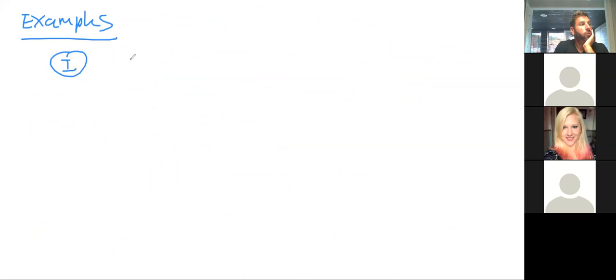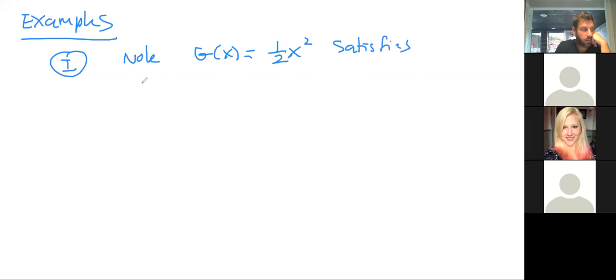So let's just immediately go back to the example we've done twice now. So note that g of x, which is 1/2 x squared, satisfies g prime of x equals x.